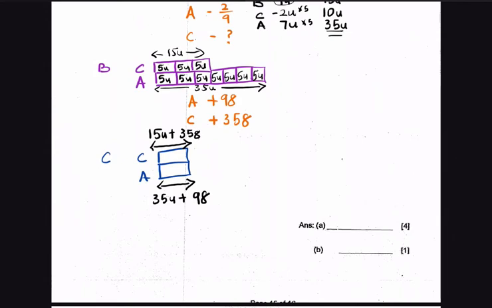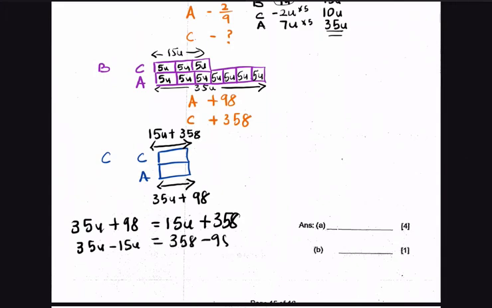So we can write down 35 units plus 98 equals 15 units plus 358. So we're going to group all the units together and the numbers together. So we have 35 units minus 15 units, 358 minus 98. We'll have 20 units equals 260. So 1 unit is 260 divided by 20, you get 13. So there you go, we have found 1 unit.